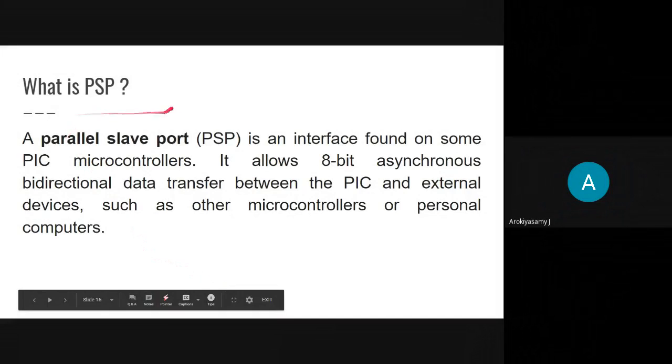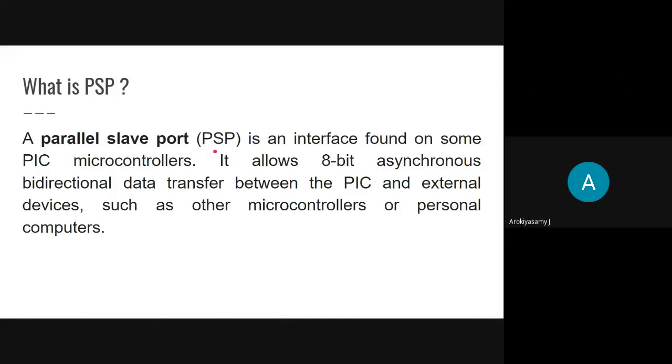What is PSP? Parallel slave port. Parallel slave port is an interface found on some PIC microcontrollers.